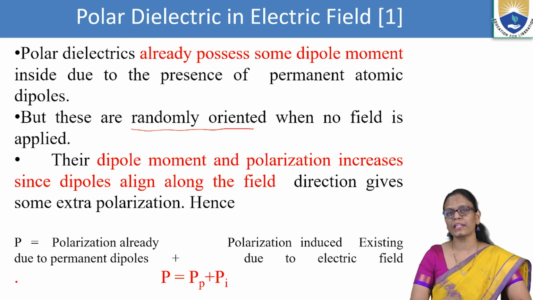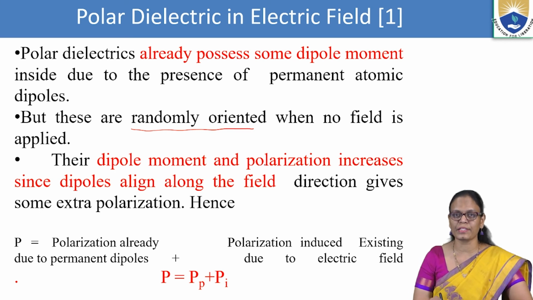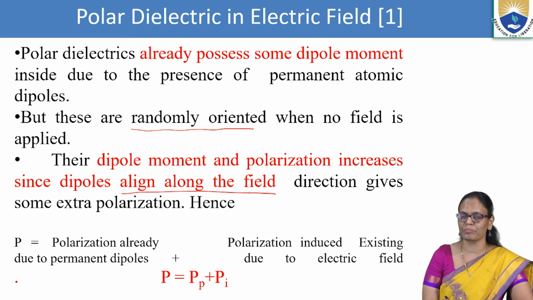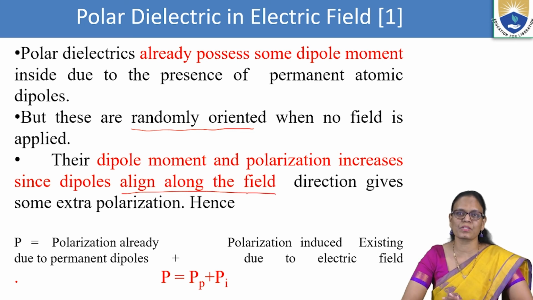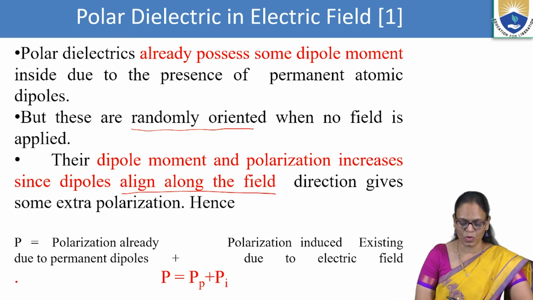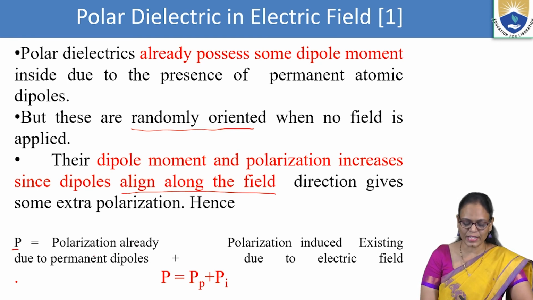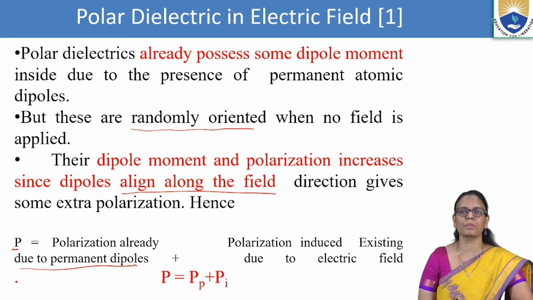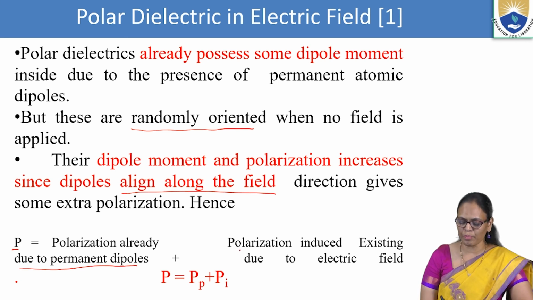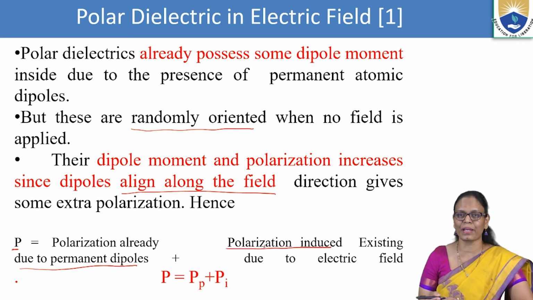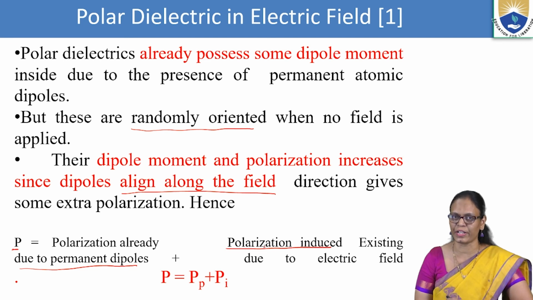Now, their dipole moment and polarization increases when they are aligned along the field. Means it gets some extra polarization. So now the polarization P will be equal to what? The polarization that is already existing due to the permanent dipoles and the polarization that is induced because of placing it in an electric field.